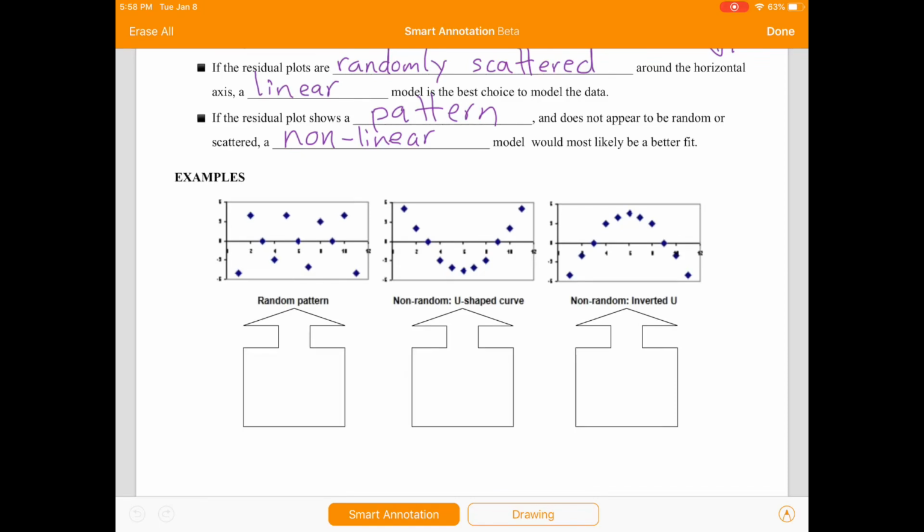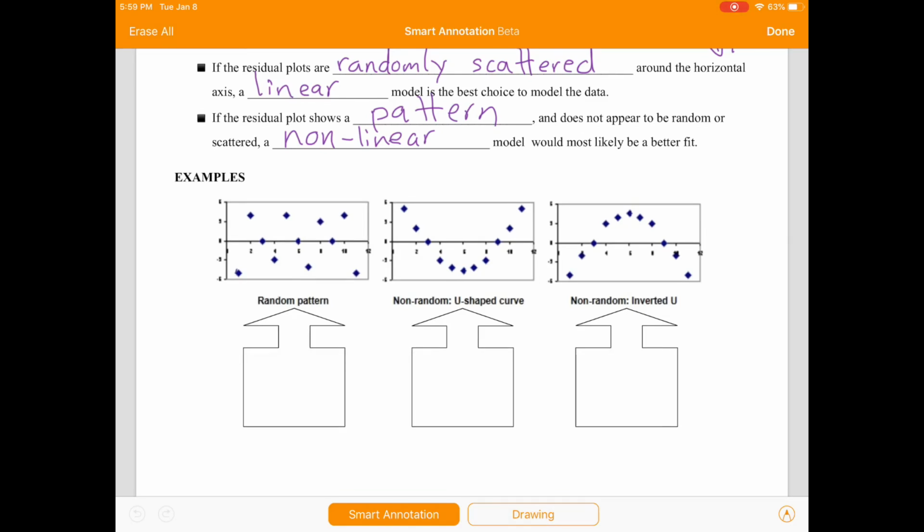So a few examples of determining whether a linear or nonlinear model would be the best choice for the data are these examples. These examples are representing not the data and not the predicted data, but their residuals themselves. So looking at number 1, the points are everywhere.